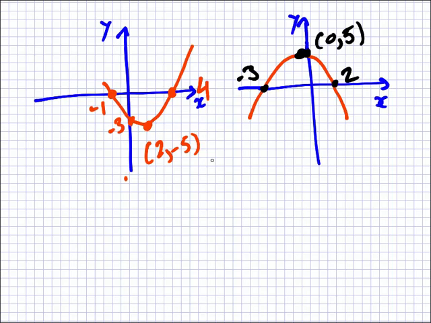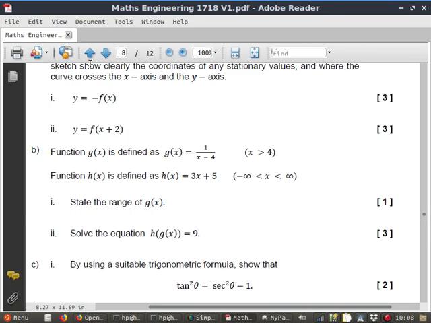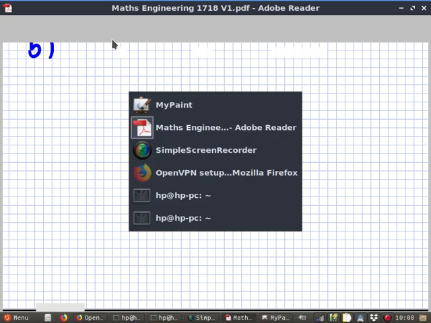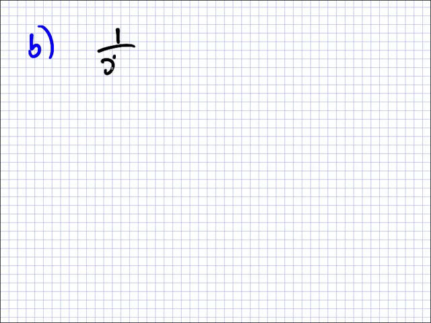G is defined as, and H is defined as that. State the range of G. 1 over x minus 4, that's gx. What's the range here? Anyone get it?